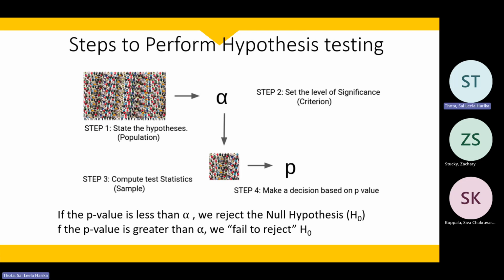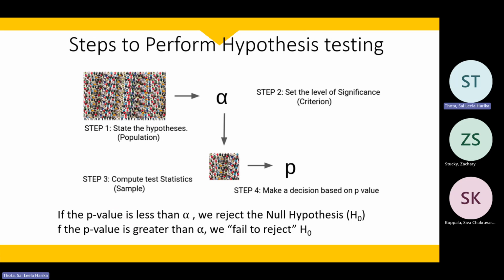First, you need to state the hypothesis, and as step two, set the level of significance, which is alpha. Then you compute the test on the sample, because that is what we considered from the population, and make a decision based upon the p-value.